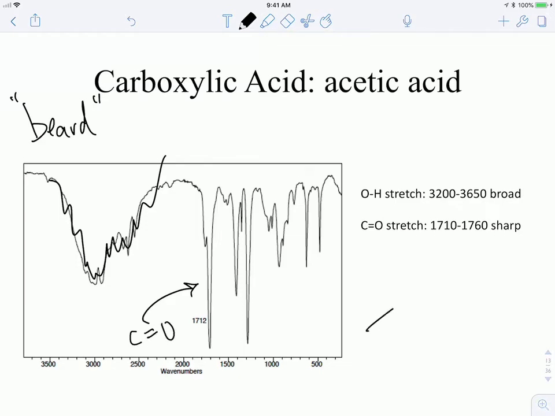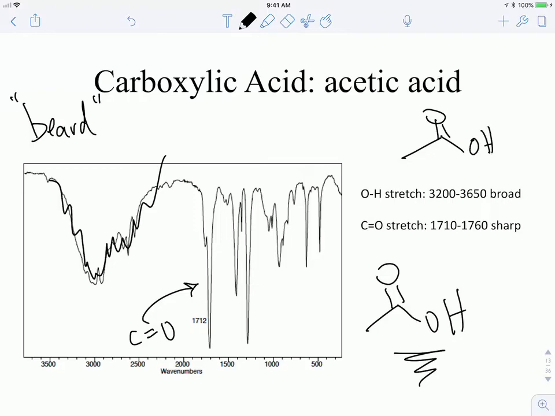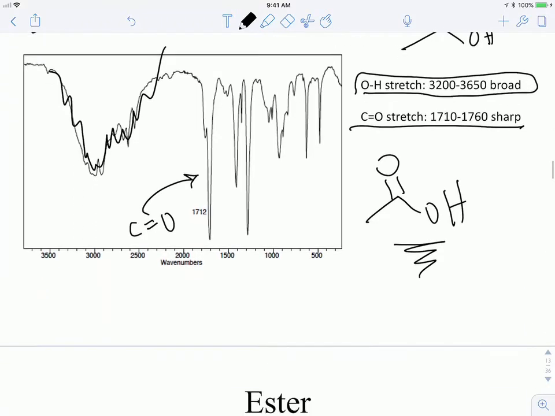So the combination of a carbon-oxygen double bond and an OH peak tells us definitively we have a carboxylic acid present, in this case, acetic acid. So we see a sharp carbon-oxygen double bond peak and a very broad and jagged OH stretch, which is often described as a beard, which is the characteristic telltale sign of a carboxylic acid.